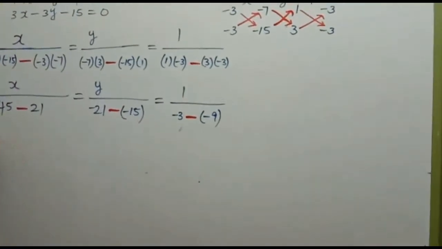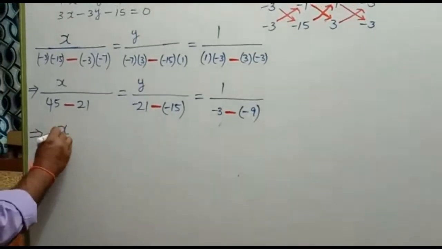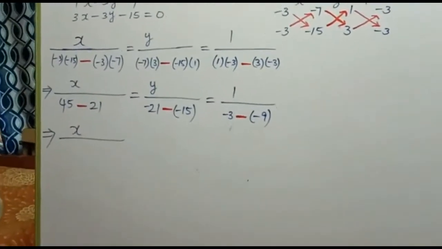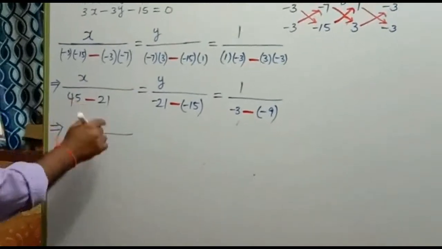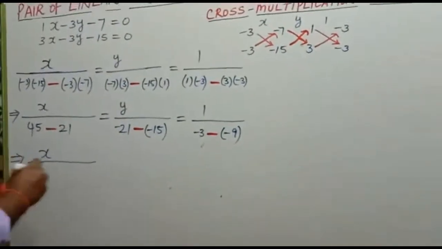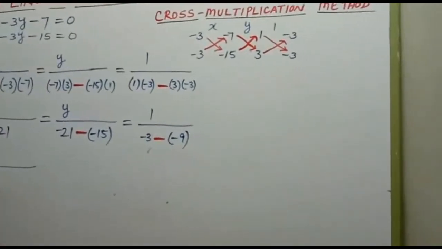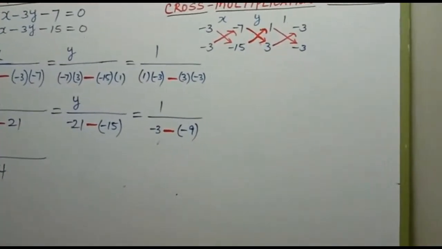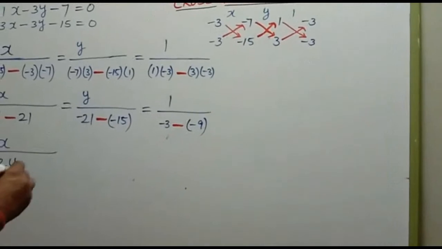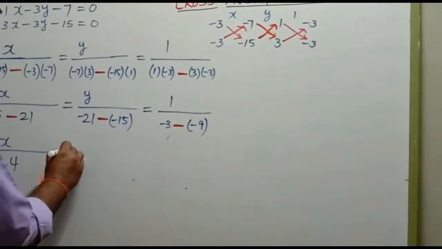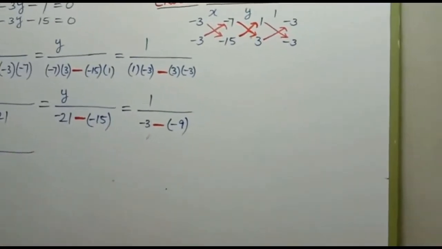The next step. What is the next step? X by 45 minus 21, 5 minus 1 is 4, 4 minus 2 is 2, 24. X by 24 is equal to, so first I will write the same.